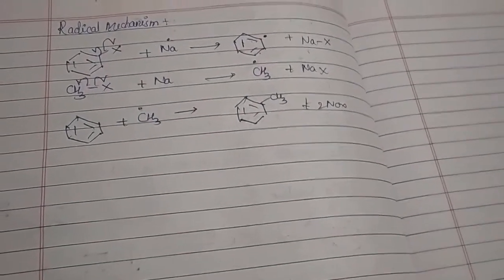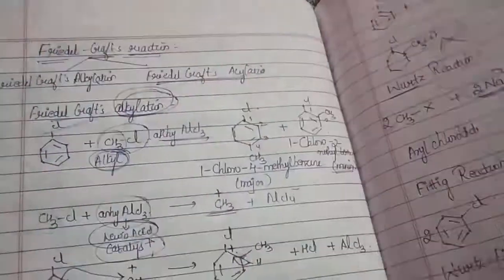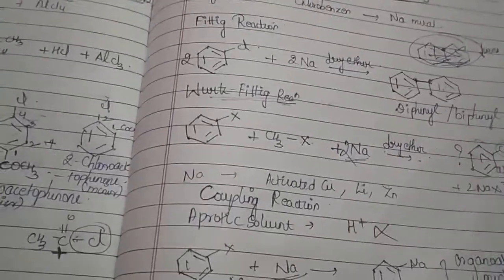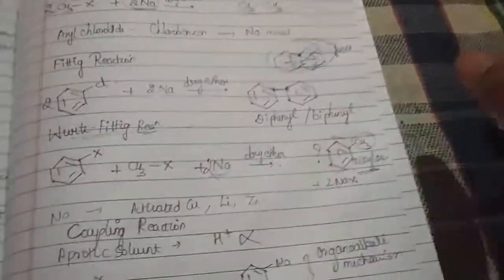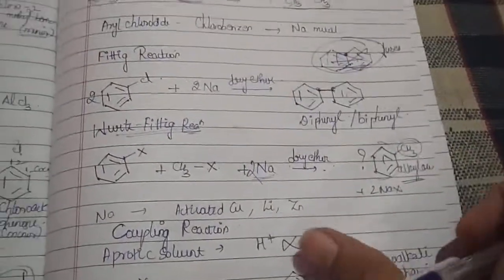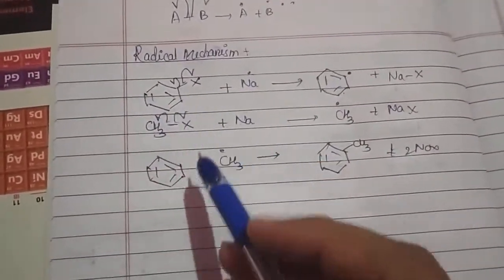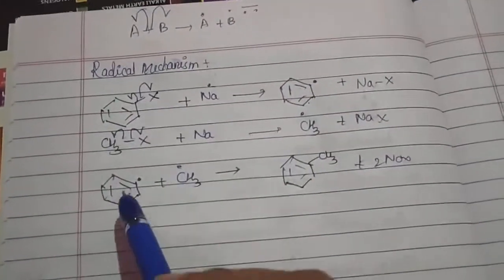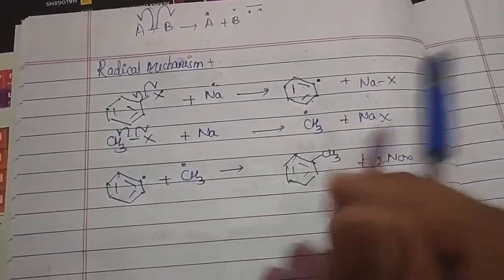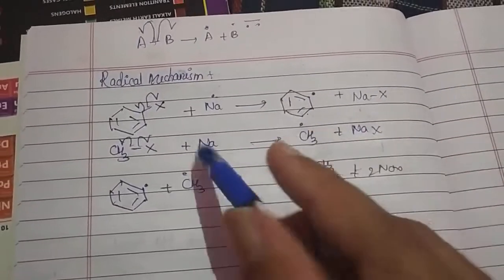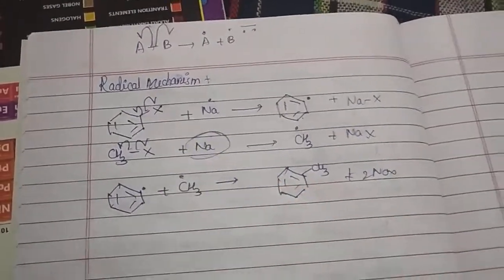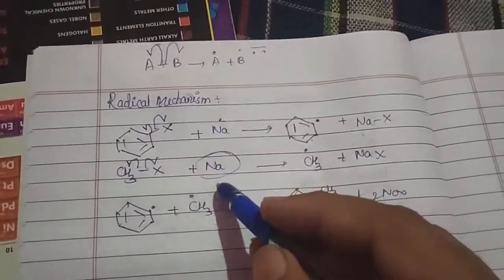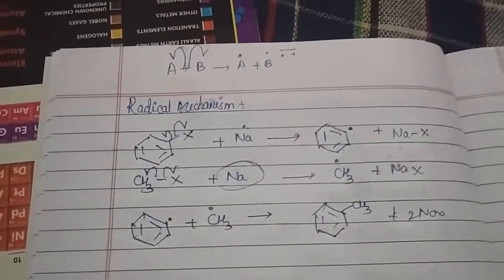Very much important. All these reactions, the Wurtz reaction, Fittig reaction and Wurtz-Fittig reaction, are examples of what? Coupling reactions. You can see two fragments getting joined together in the presence of sodium metal, which is why it is called a coupling reaction.